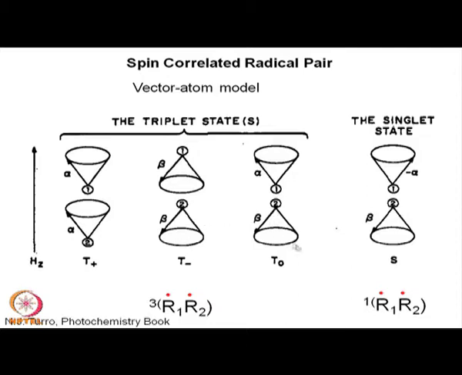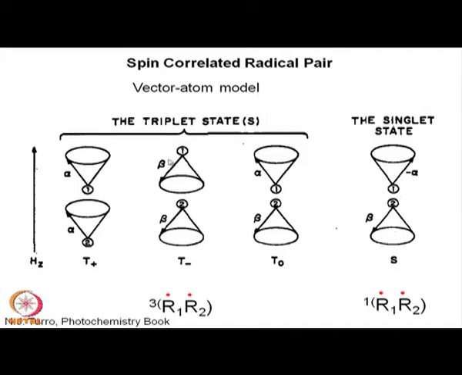This is typically alpha 1 beta 2, or it may be alpha 2 beta 1. So it is a linear combination: alpha 1 beta 2 plus alpha 2 beta 1 is T0, and alpha 1 beta 2 minus alpha 2 beta 1 gives you the singlet state.